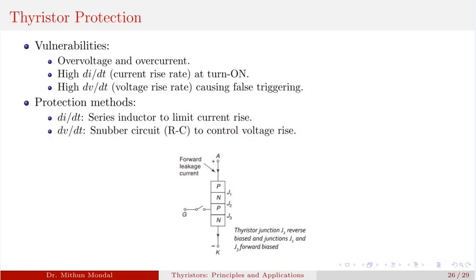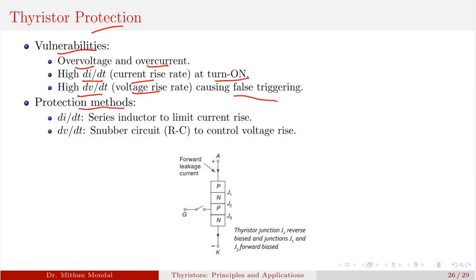Now we have seen that the thyristors, we required some protections. So the vulnerabilities, which is in the form of over voltage or over current, it is in the form of di by dt or dv by dt, which is high in terms of current rise or voltage rise. So it would cause the thyristor to turn on or have false triggering, which is not good enough.